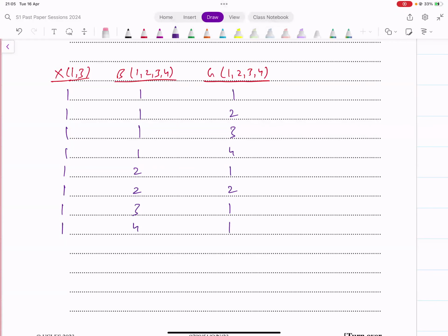These are all the cases that you have with x equal to 1. And now you have to think about the case when x is 3. When x is 3, b could be 1 and g could be 1. And 3, 1 could not give us anything else here. And this could also not be anything else. So with 3, we only have one case. Okay.